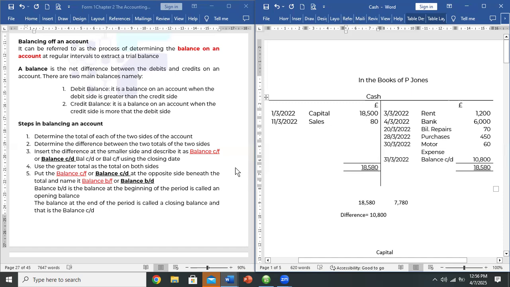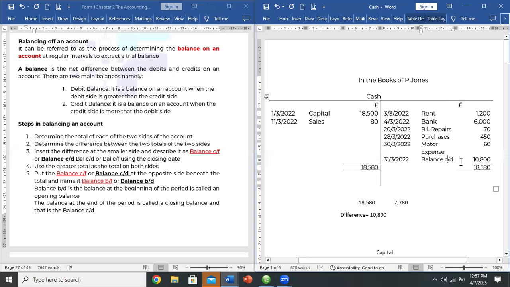What is left is to put the balance CF or balance CD. You remember this balance CF or CD, right? They are saying that put it at the opposite side. So in this account, the balance CD is here. We should put it at the opposite side, beneath. Beneath means under the total.